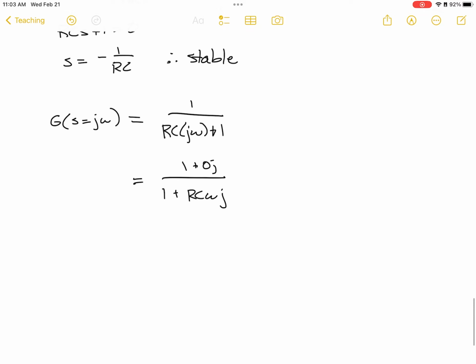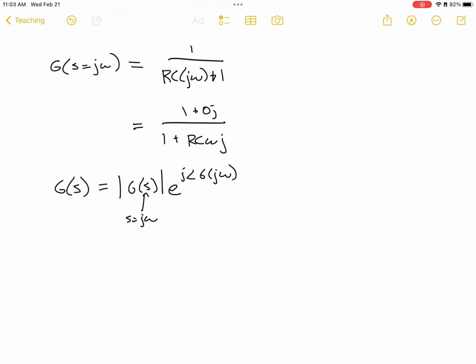And if we rewrite this in magnitude phase form, we have some magnitude of G of J omega times e to the j times the phase of G of J omega. And the magnitude of G, a bit of a shortcut when you're dividing complex numbers, is discussed in chapter 14.